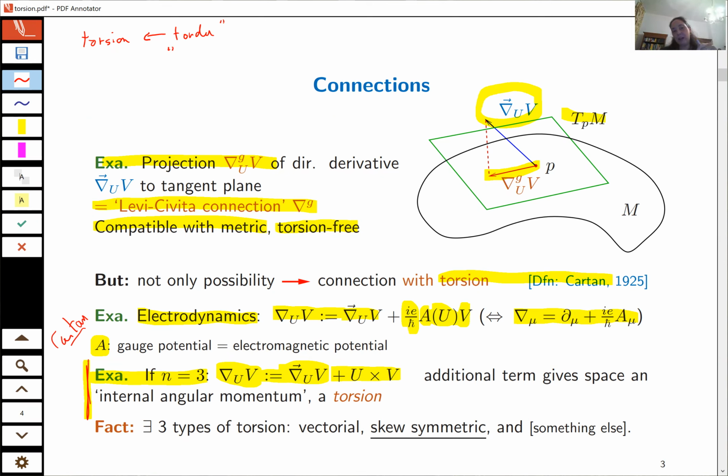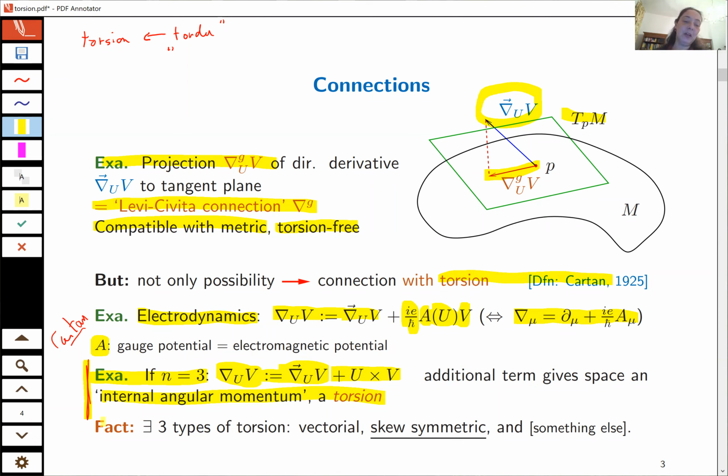So in each point of space, you have an internal spin, which somehow gives you some twist. And this twist he called torsion. This example also shows that he actually had a physical motivation behind it. The concepts of space and time as we know them were not yet fixed at the time. And so introducing torsion was seen as a way to introduce some new internal physics for describing symmetries.